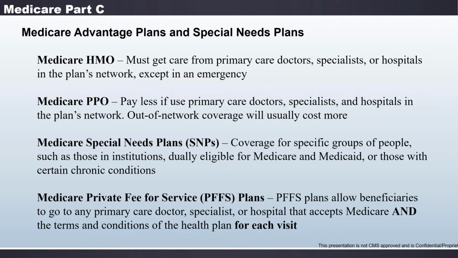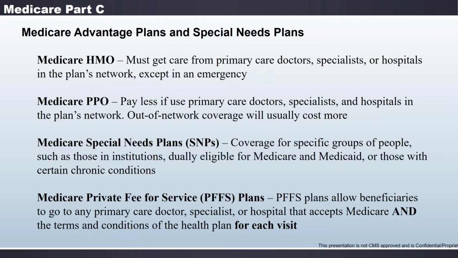And then there are some for those with chronic conditions, things like congestive heart failure or COPD. Diabetes. The list goes on and on. But in those cases, you have to be a member of that group in order to get that special needs plan. Now, one of the features of special needs plans is that they always include drug coverage.